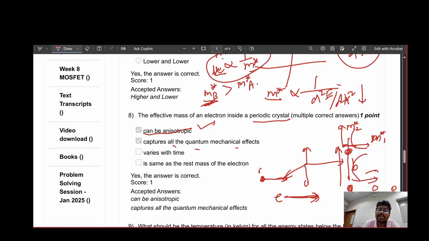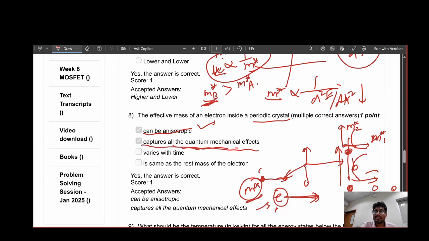But as soon as it moves in a certain material, it feels force due to the atoms, the surrounding electrons, holes and ionized atoms. Because of that, the mass of the electron is changed. So that effective mass, m star, captures all these effects due to the surroundings. That is the quantum mechanical effects.